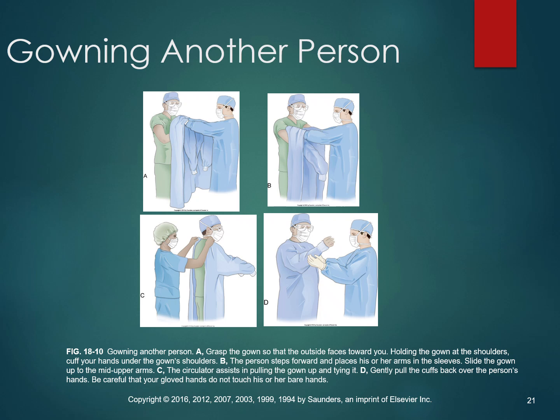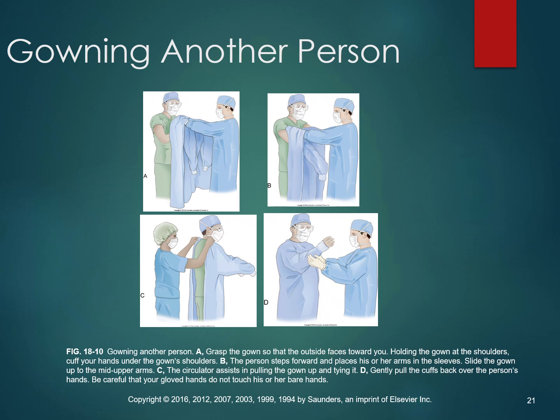Now they're going to assist the doctor in putting their arms through the sleeves. And then in C, another person, a circulator, is going to take and clasp the gown up at the neck area. There's also going to be a tie on there, and the doctor would hand that to the circulator.